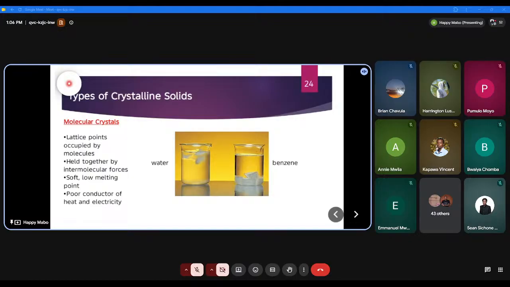Okay. Here we have an example, a diagram, a beaker showing ice floating on water because of those open hexagonal structures that we talked about, where there are going to be empty spaces and the volume of ice increases and its density reduces. So ice floats on water, and this is benzene.